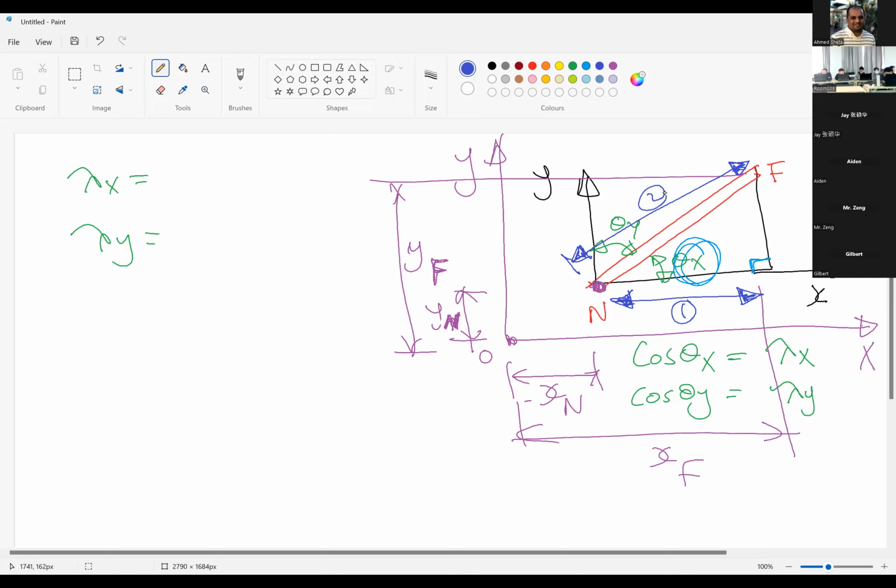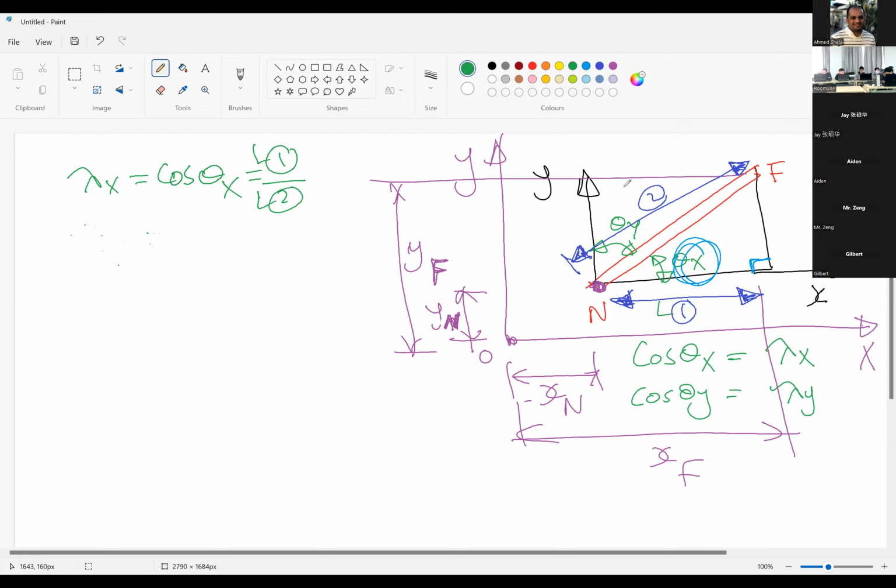So lambda x equals cosine theta x equals element 1 over element 2. How can we find 1 and 2, or let's say L1 and L2?